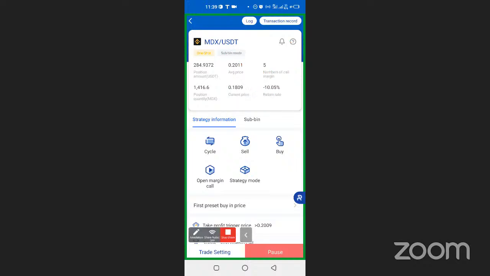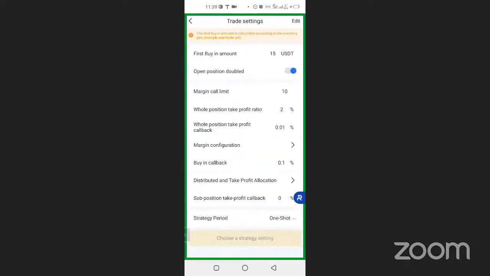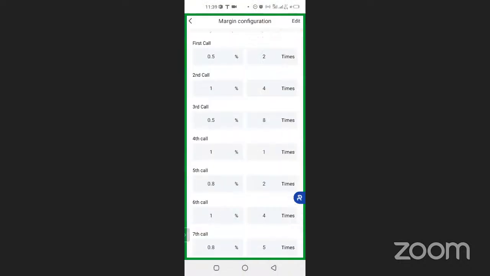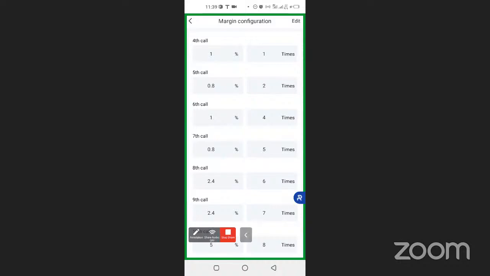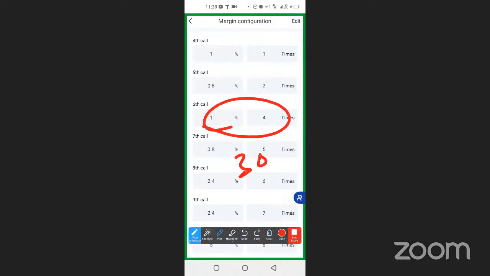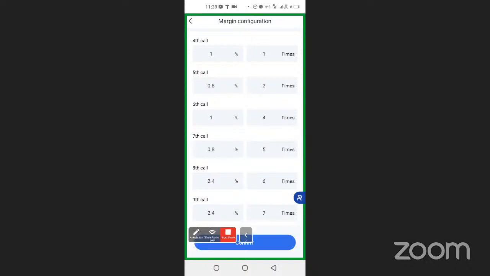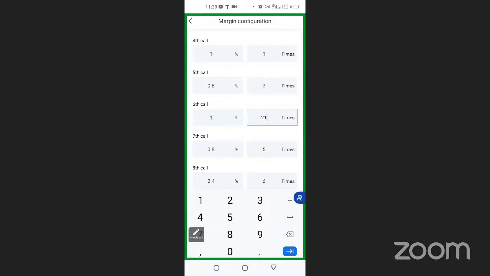So how do you move it? How do you do the sub-bin call that you're talking about? You just open more margin calls. For example, I open call number 6, and let me say I want to use $300.